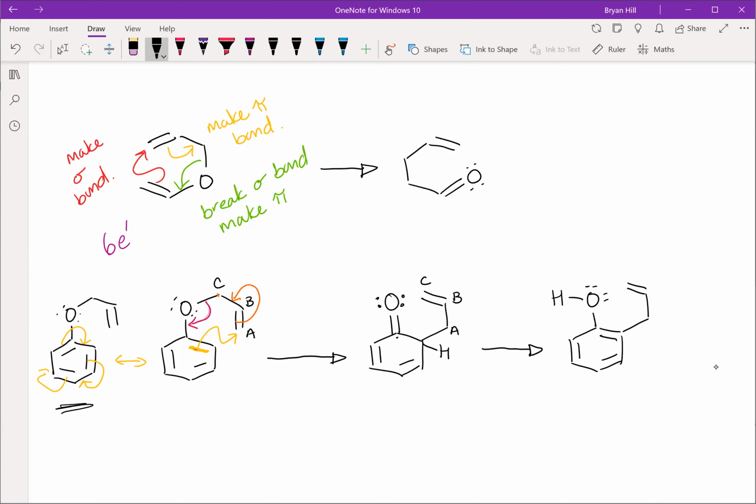And this process here on this arrow in red, this is tautomerization, which I'm spelling wrong here.